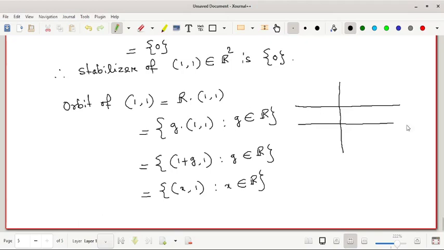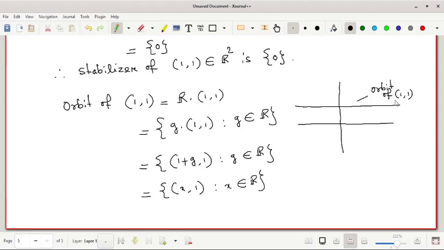This horizontal line is your orbit of (1, 1). And interestingly, this orbit is actually dependent on the y coordinate.